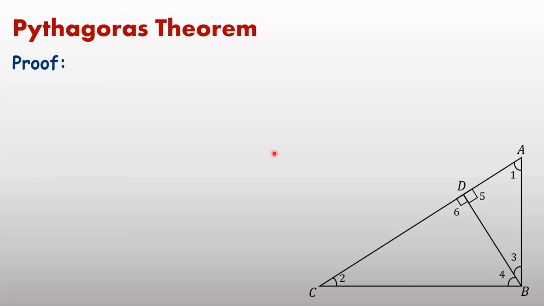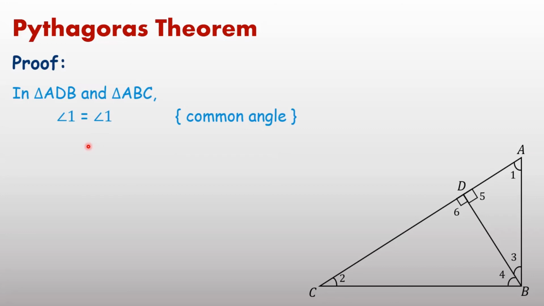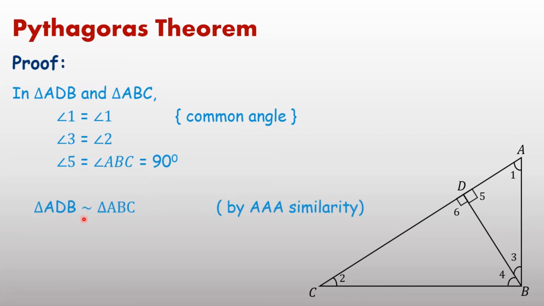Now proof of this theorem: in triangles ADB and ABC, angle 1 equal to angle 1 common, angle 3 equal to angle 2, and angle 5 equal to angle ABC equal to 90 degrees. Means both triangles ADB and ABC are similar, which is already covered in a previous theorem.